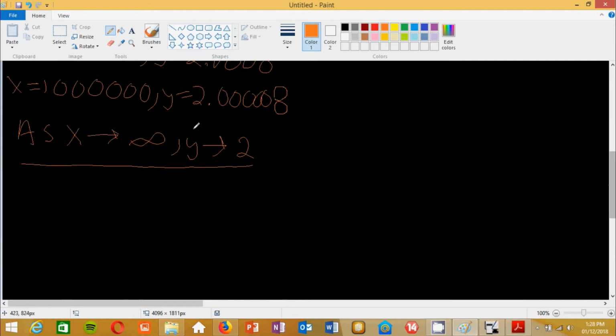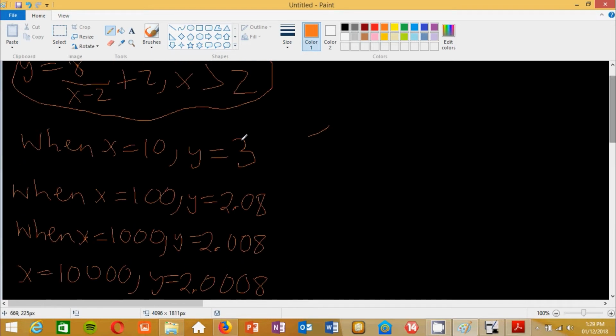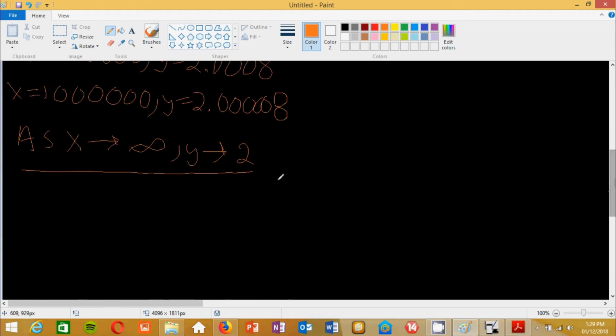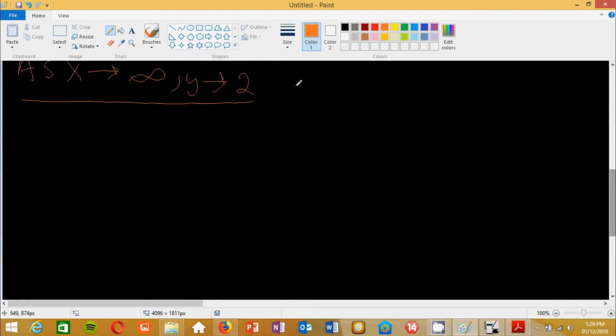It tells you that the smallest value of y is 2. Because as x is becoming bigger, y is becoming smaller, but y is approaching 2. It's not becoming smaller than that, which means that the smallest value of y in this function is 2.